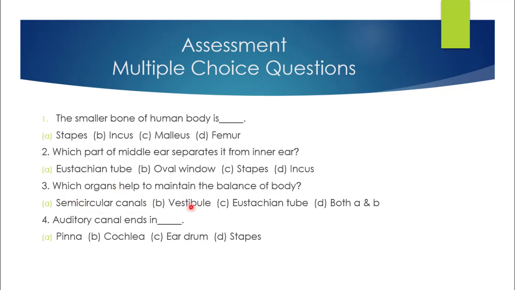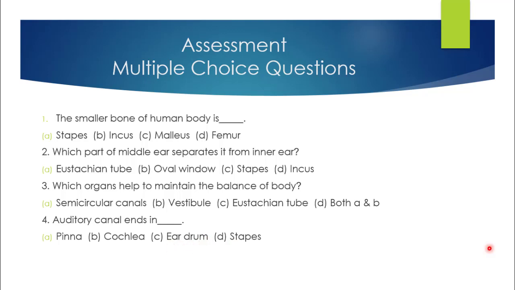Semicircular canals, vestibule, Eustachian tube or both A and B? The correct answer is both A and B, which means semicircular canals and vestibule. Number 4, auditory canal ends in pinna, cochlea, eardrum or stapes. The correct answer is eardrum.